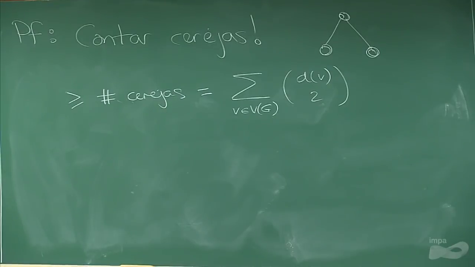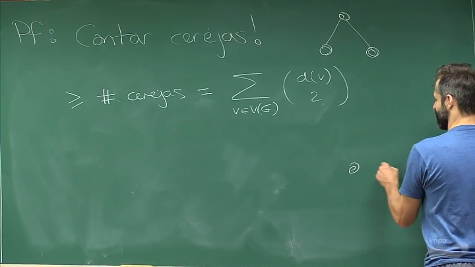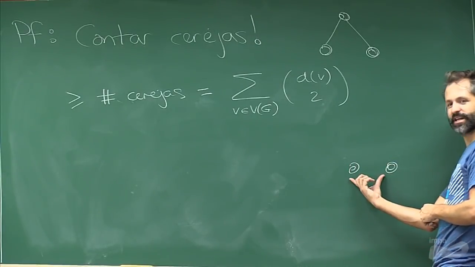Okay, and how about the other way of counting? I'm going to count from below. It's n choose 2. And why? Because you can't have 2 cherries with the same base.